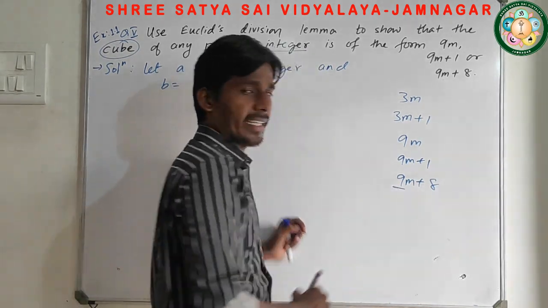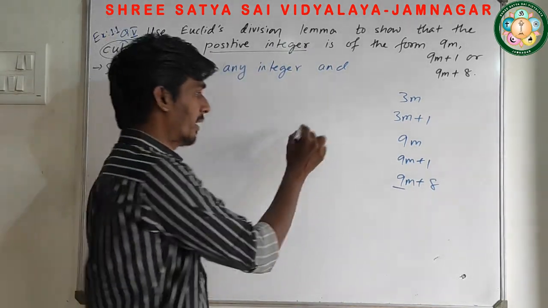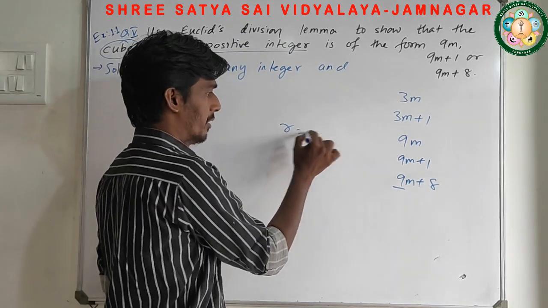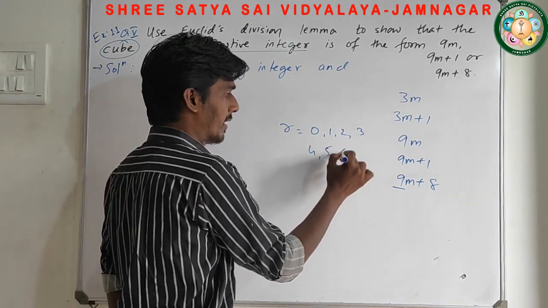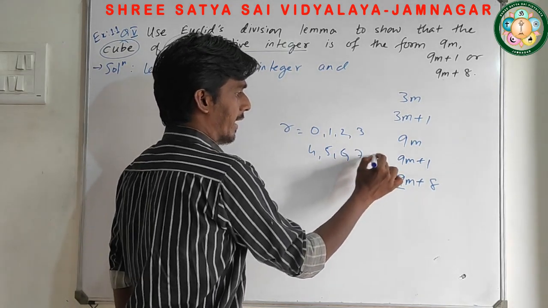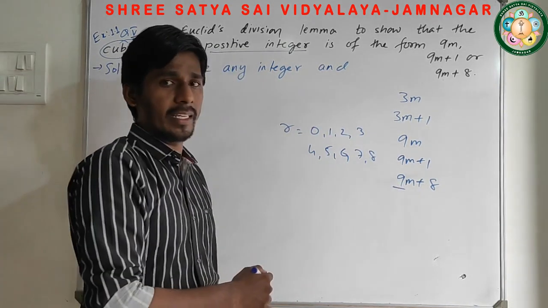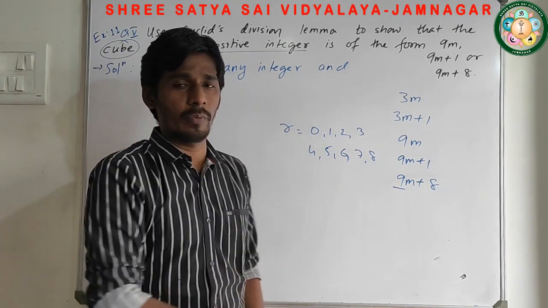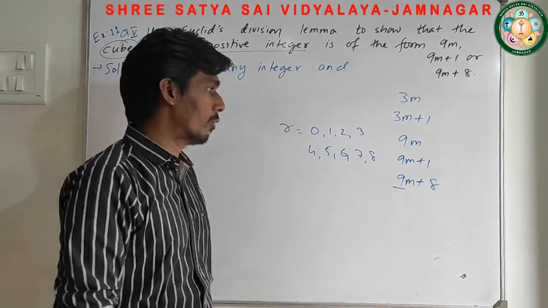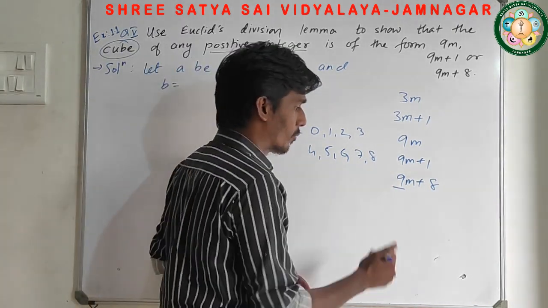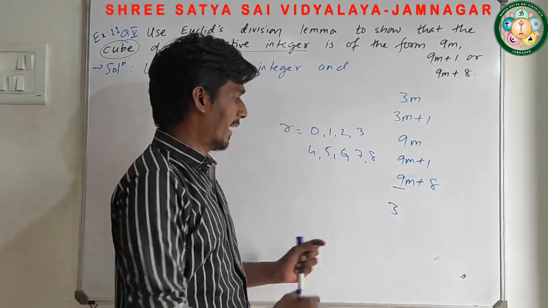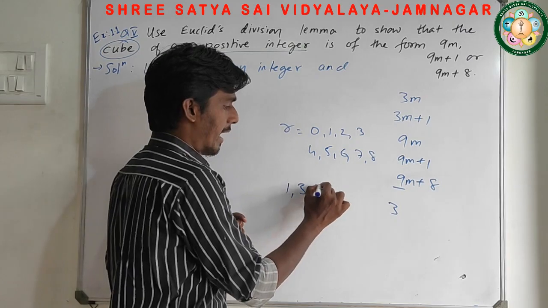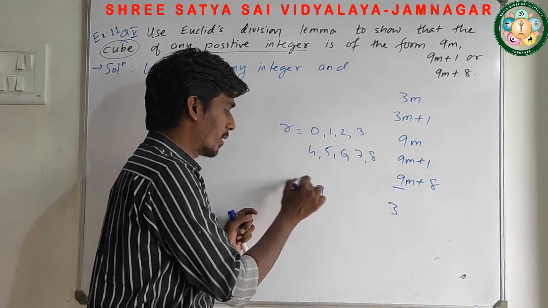But suppose if I take 9, then the remainders are 0, 1, 2, 3, 4, 5, 6, 7 and 8. So 9 remainders are there, which make the solution very complex. So what we'll do, the common factor of 9 is what? 3. 3 is a factor of 9, because 9 has the factors 1, 3 and 9 itself. So it is possible to take 3 as a divisor.